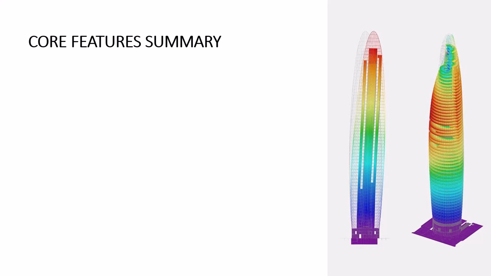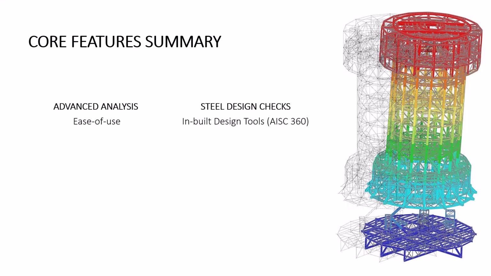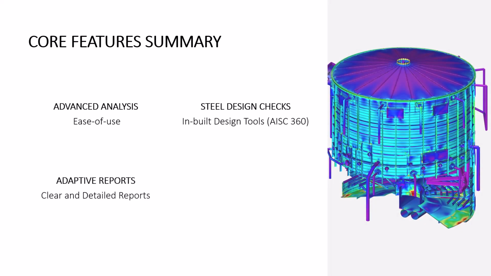To summarize what you've just seen, you can do a lot with SCIA. You have advanced analysis capabilities, but at the same time, they're relatively easy to use, especially for 3D models. You can then use the analysis results with the program's steel design checks, all according to AISC 360. And then you can put all of that into a clear and detailed report, which can automatically update itself.